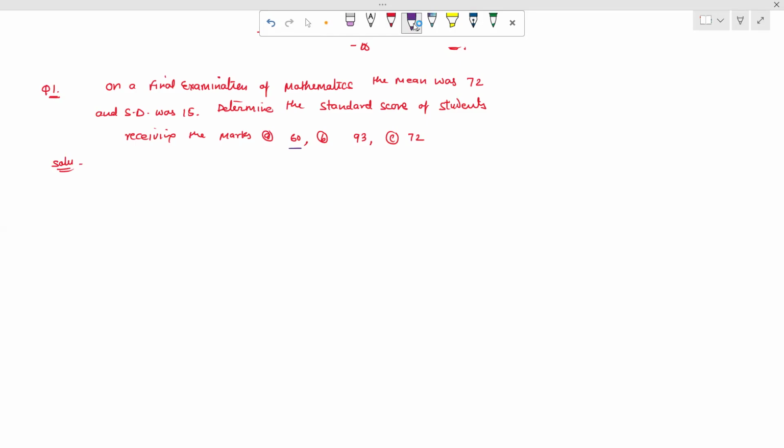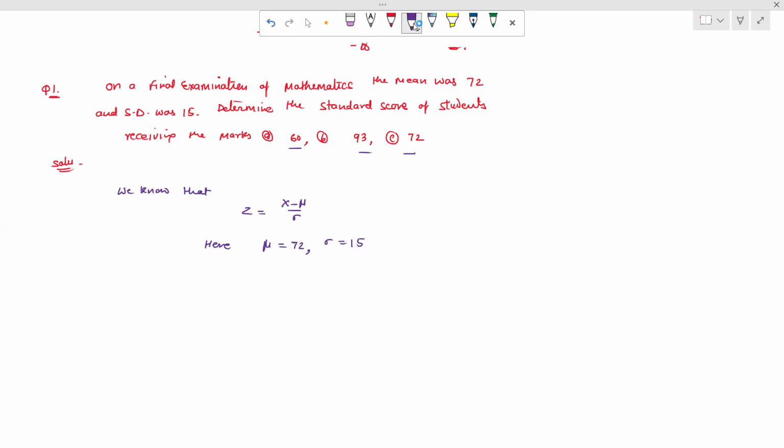Now we convert these values into Z. So we know that the standard normal variate Z is equal to X minus mu upon sigma. So here mu is given as 72 and sigma is given as 15.